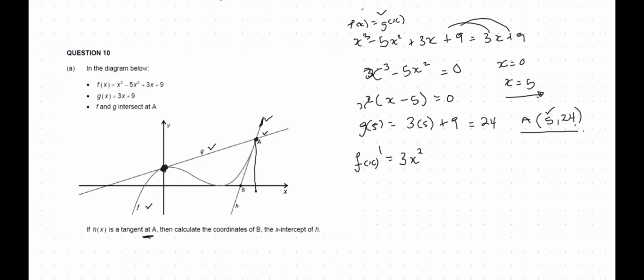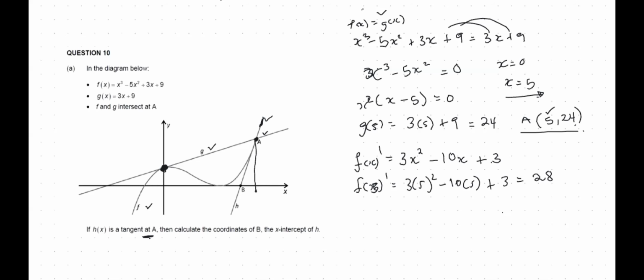We take the 2 to the front, that will be negative 2 multiplied by 5, giving us negative 10x. And we will only be left with 3. Then we can go ahead and substitute in our x value of 5 in order for us to calculate the gradient. And that gives us a gradient of 28.